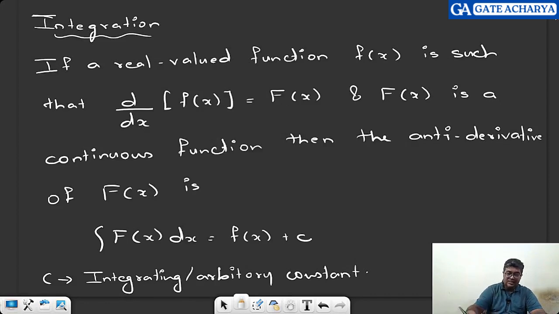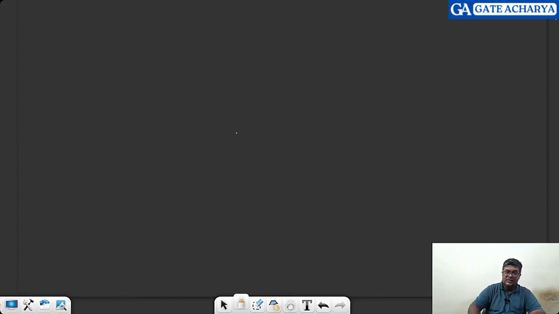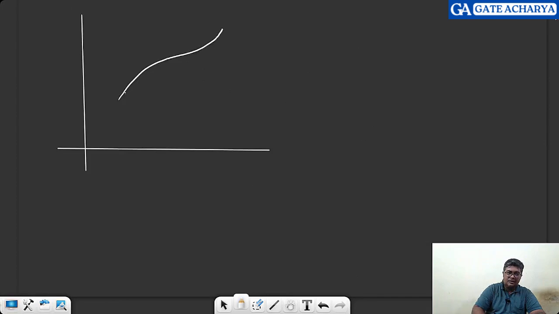Now, integration geometrically, if you ask me, I can explain it geometrically also. If I take a graph like this, this is some random function. Let's say these are the limits on which the function is operating. So what is integration technically?